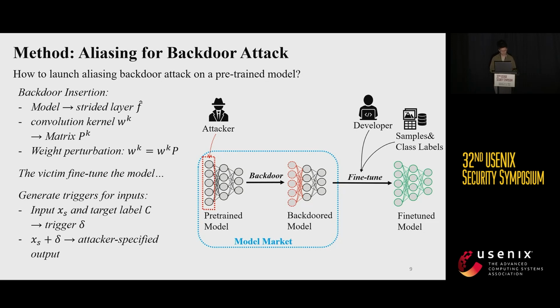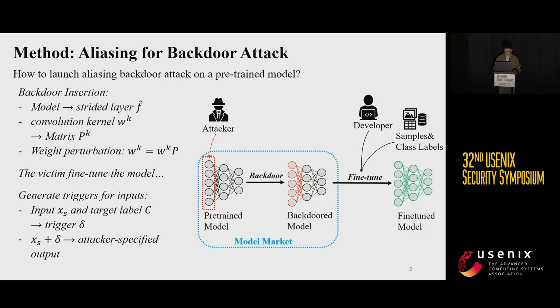So this is the pipeline of our attack. In the first phase, the attacker inserts a backdoor into the pre-trained model. To do this, the attacker gets the stride layer of the pre-trained model, and for each convolution kernel, the attacker finds the matrix for it and does the weight perturbation.